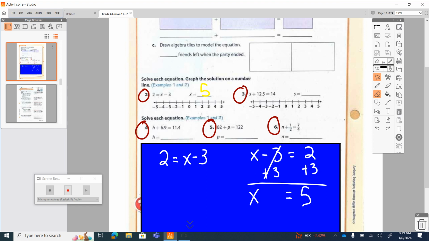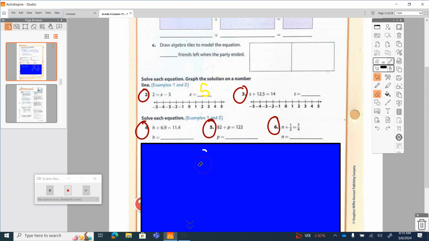Okay, now I'm going to go on to the next one. So this one is written the way that we tend to like it. I'm going to use the letter S plus 12.5, that's a letter S, not a 5, equals 14. I'm going to subtract, because that's the inverse operation, 12.5 on both sides.